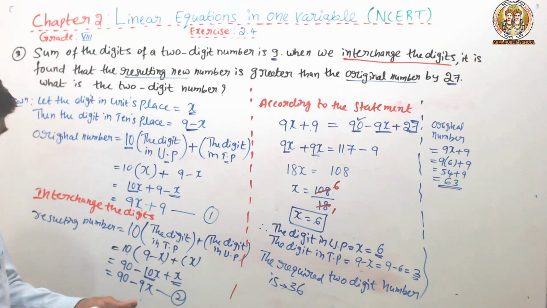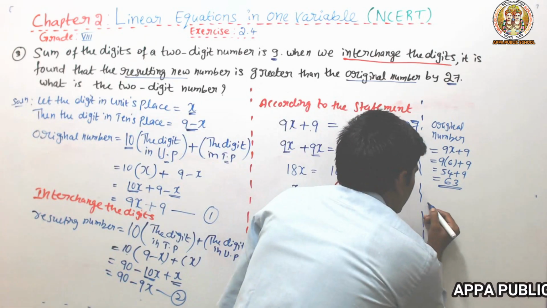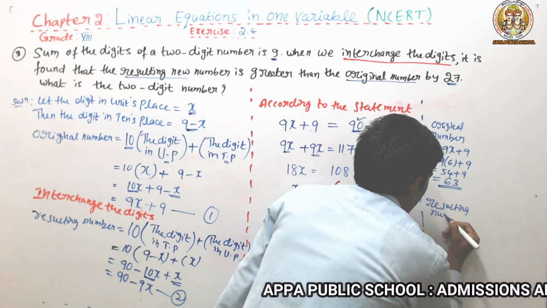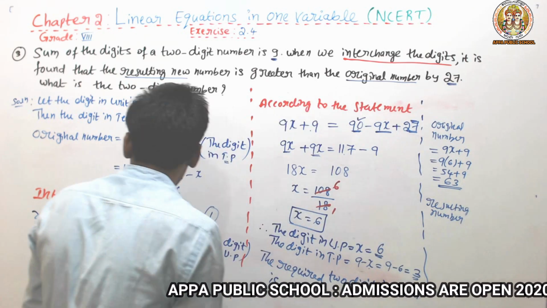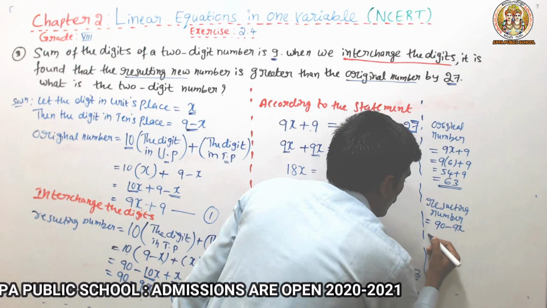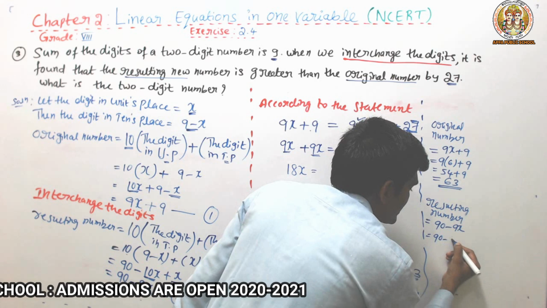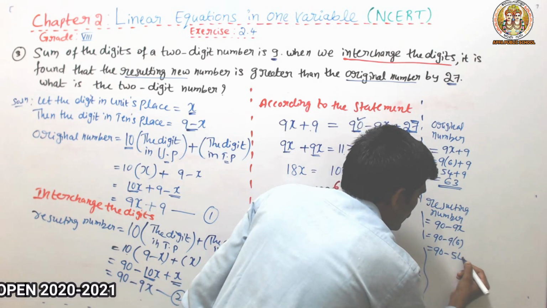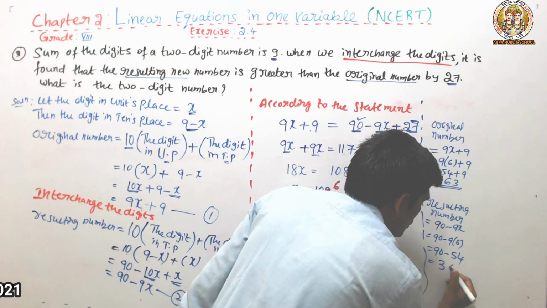Understood? Now, the resulting number, my dear students, is equal to what we got, 90 minus 9x. So substitute the value of x as 6, 9 into 6. So 90 minus 9 sixes are 54. 90 minus 54, this should be 36.